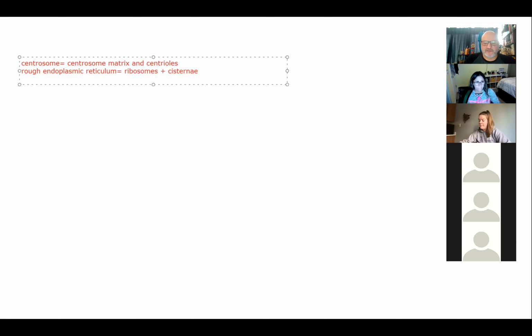This is different from the smooth endoplasmic reticulum, which is comprised of what? No ribosomes, so basically just cisternae.